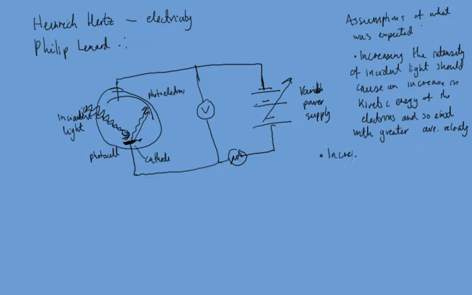Secondly, increasing the frequency of the incident light should increase the average velocity of emitted electrons.